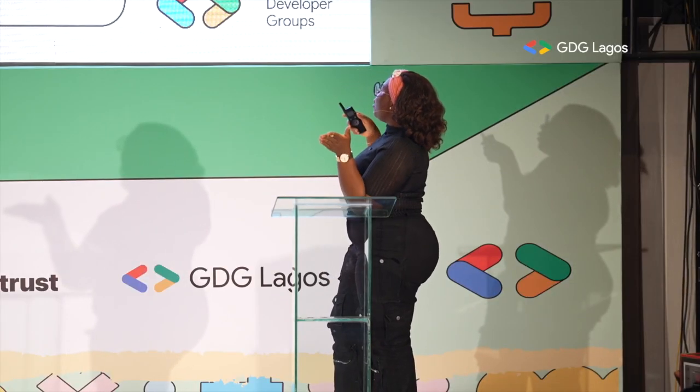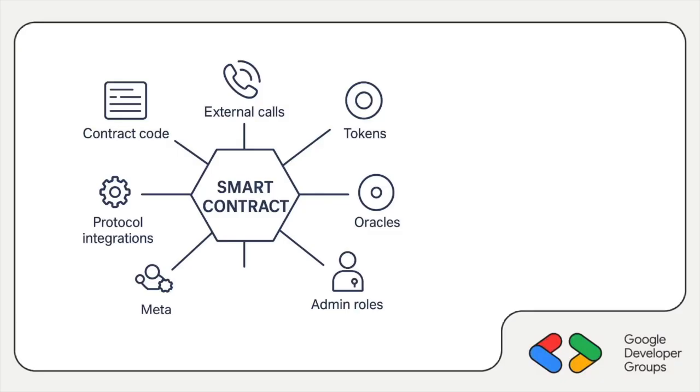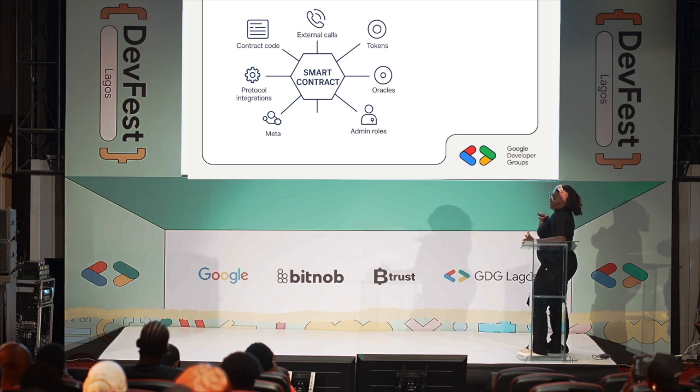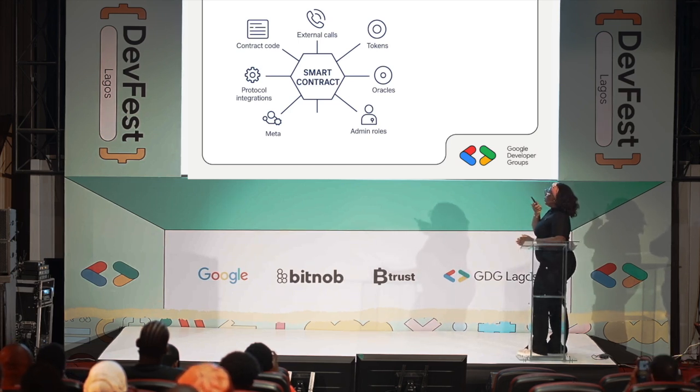So how do these vulnerabilities come in, right? Where are the places they are entering through? It can be from your contract code, as I've mentioned earlier, from the code you've written, from protocol integrations, just like Chainlink. Maybe you want to integrate a protocol into your project or your code.